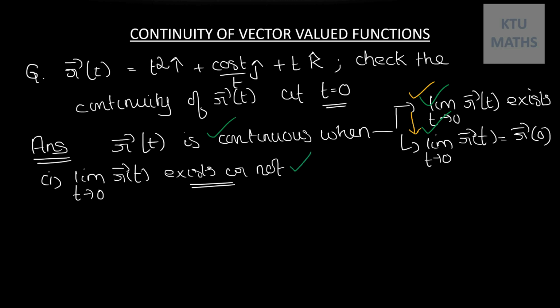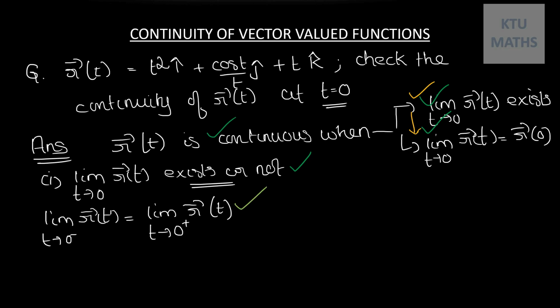This condition is only true when left limit t tends to 0 vector r(t) equals right limit t tends to 0 vector r(t). When this condition is satisfied, you can conclude that the limit exists. If this condition is not satisfied, you can stop there and conclude that vector r(t) is not continuous.